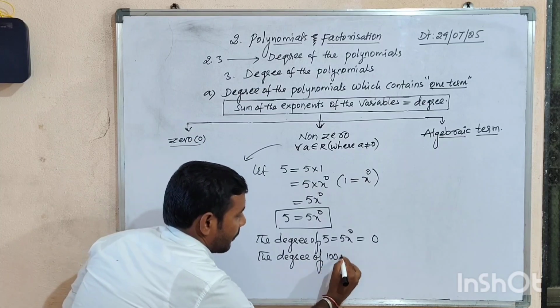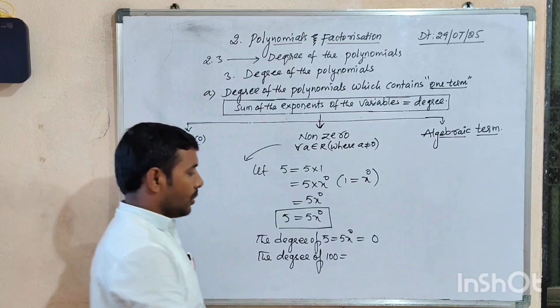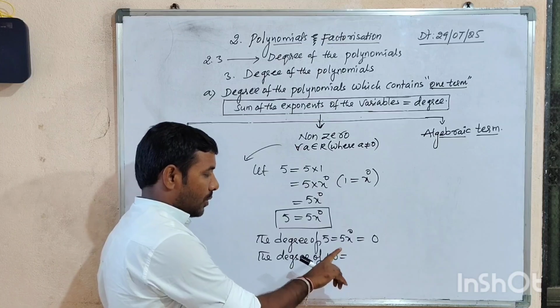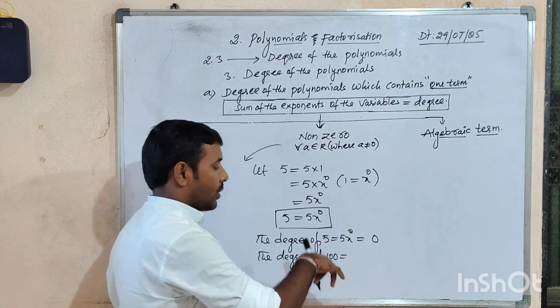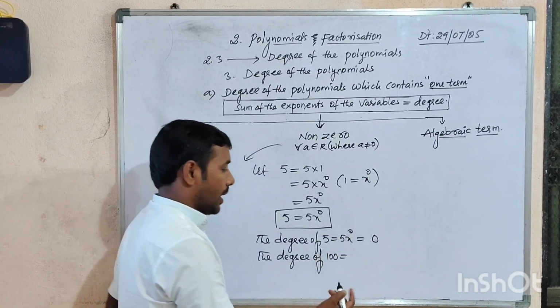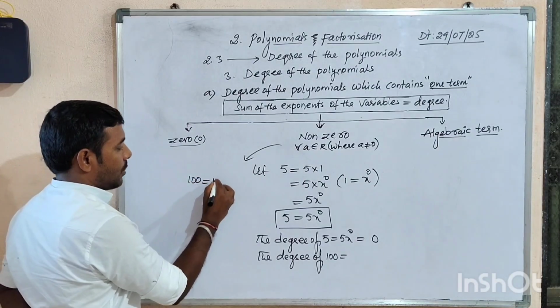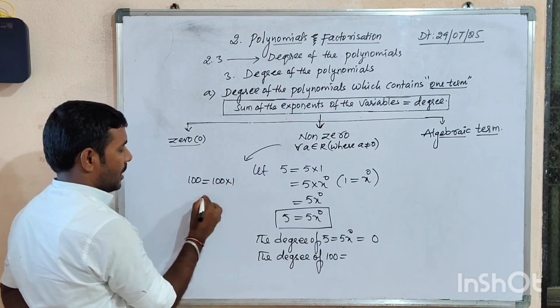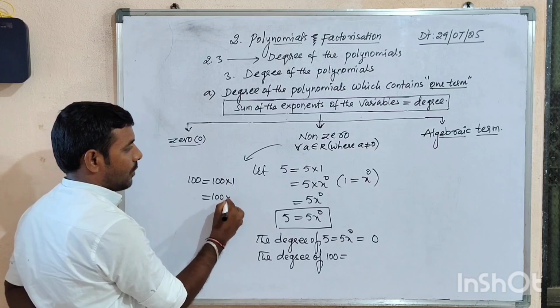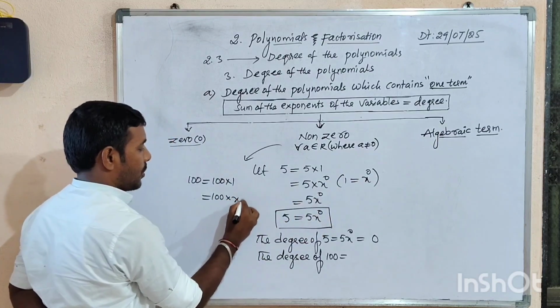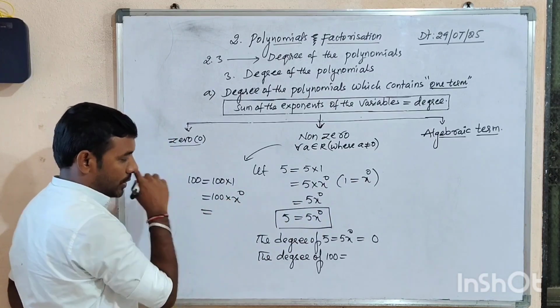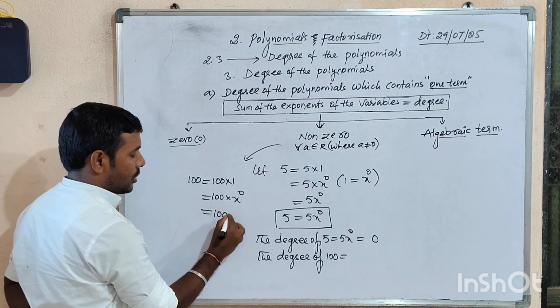Now you answer. The degree of 100, tell me. Yes, 100 is also a numerical expression. We have to convert it to an algebraic expression. 100 is equal to 100 into 1. Instead of 1, I write x to the power of 0.